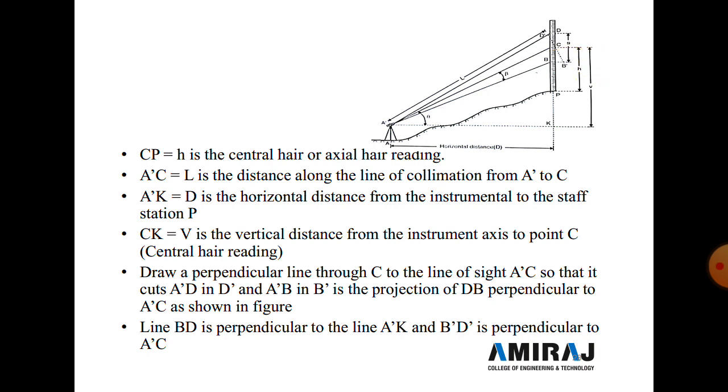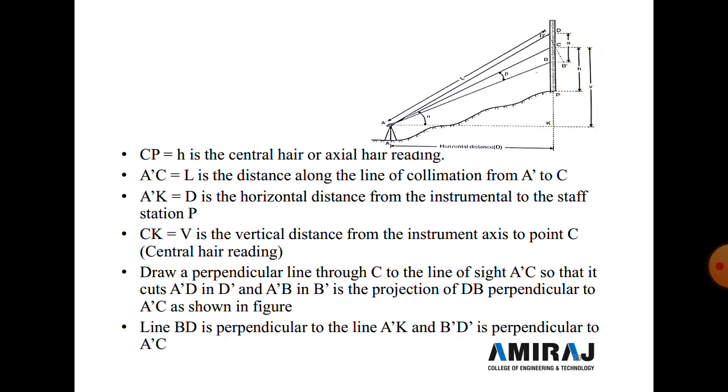Small h is the central hair reading, and A dash C is the L, capital L, the distance along the line of collimation A dash C. Now A dash K is a horizontal distance, capital D is the horizontal distance between the instrument station and the staff station P. Now this CK value is the vertical distance V from the central hair reading to the horizontal line of sight reading. So it's the vertical distance V.